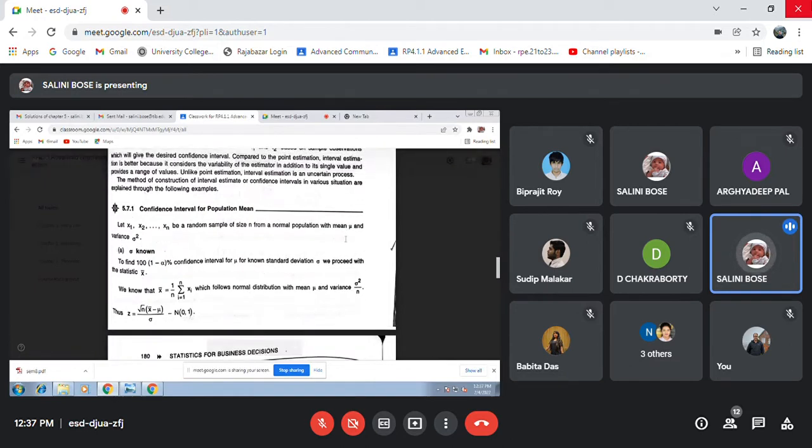That means the population parameters are mu and sigma square, and you have to do the interval estimation to find in which interval they lie.